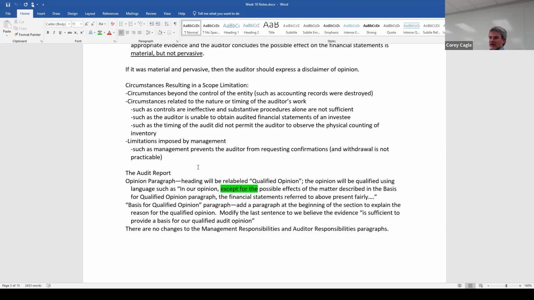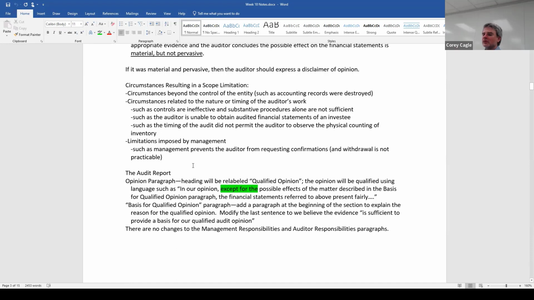It might be something like you couldn't do an observation of the physical counting of inventory and there were no alternative procedures that you could do to remedy that. It could be something like management won't let you do something and withdrawing wasn't practicable, right? So a lot of reasons, but the key is it's a scope limitation, but not pervasive over the entire financial statement package, just on this little area, right?